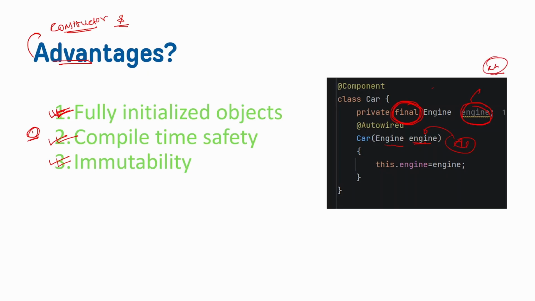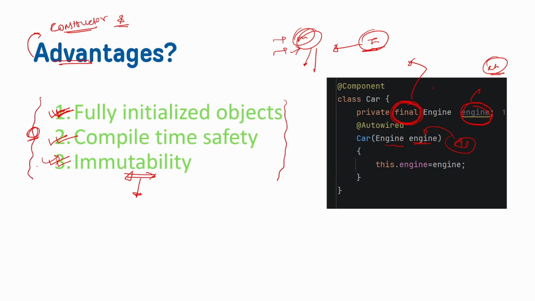This is preferable in a multi-threaded environment, where multiple threads might compete and try to change it, resulting in more than one change. With immutability, it guarantees that once the dependency is created, it cannot be changed. So these are some of the advantages of constructor injection: a fully initialized object, compile time safety, and immutability.